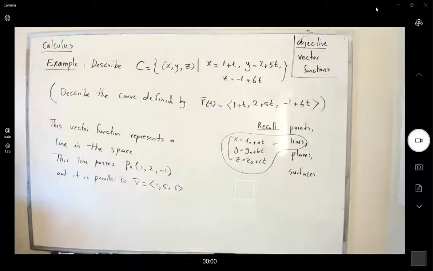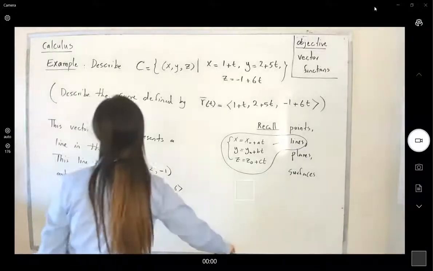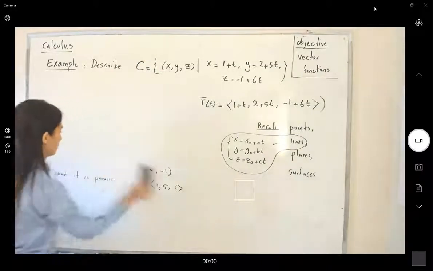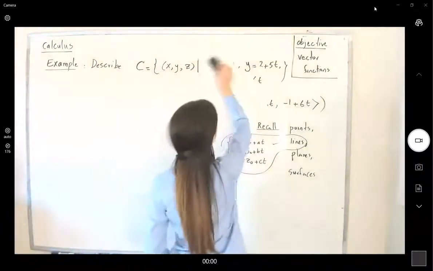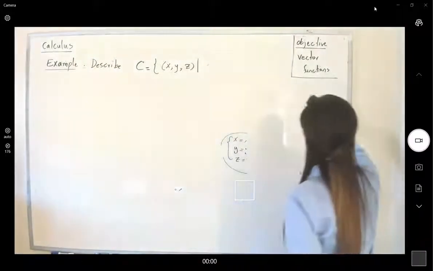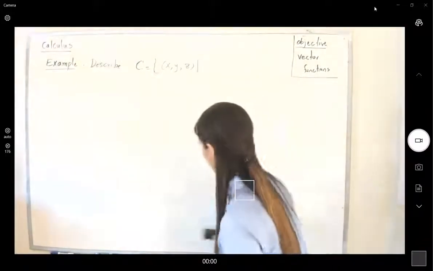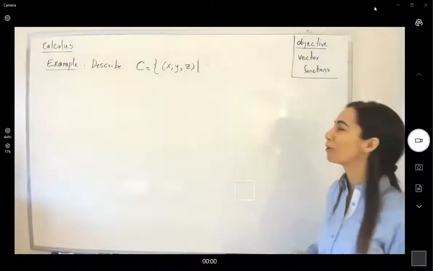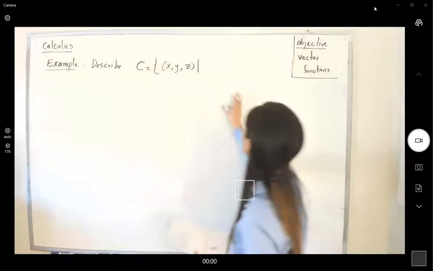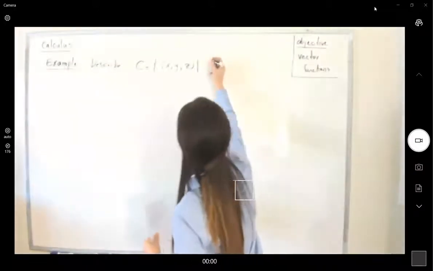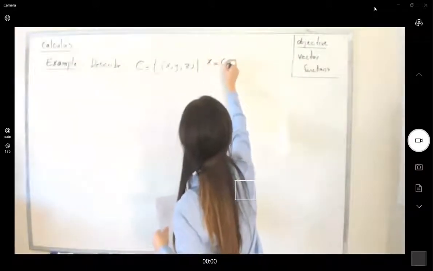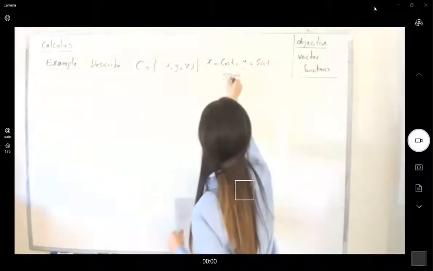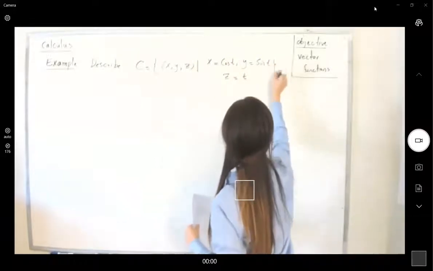Example, very well. Describe C, which is a set of points such that x is equal to cosine t, y is equal to sine t, and z is equal to t.